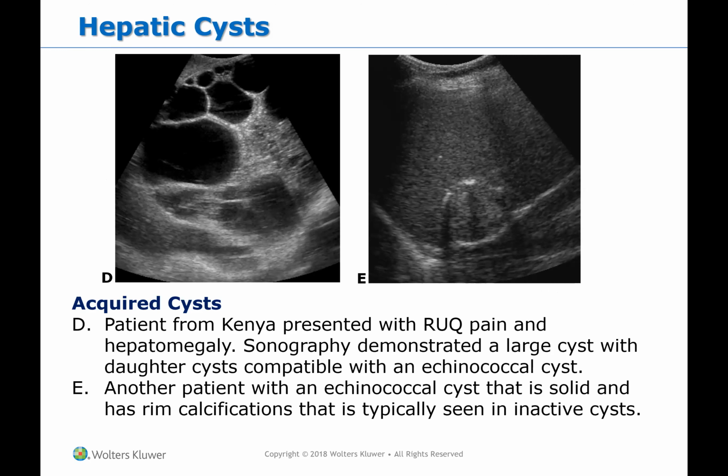So a patient from Kenya presents with right upper quadrant pain and hepatomegaly. Sonography demonstrated a large cyst with daughter cysts compatible with an echinococcal cyst. Another patient with an echinococcal cyst that's solid and has rim calcification. So they can look different on sonogram.